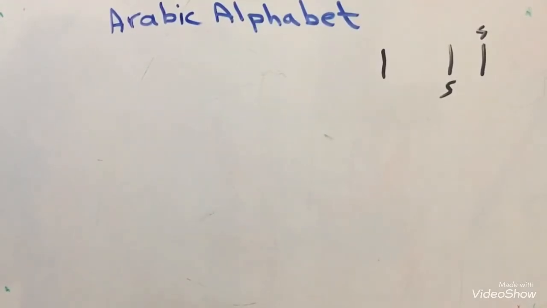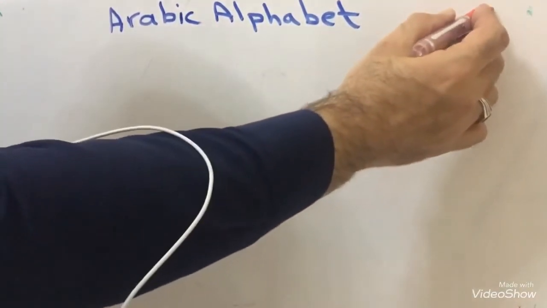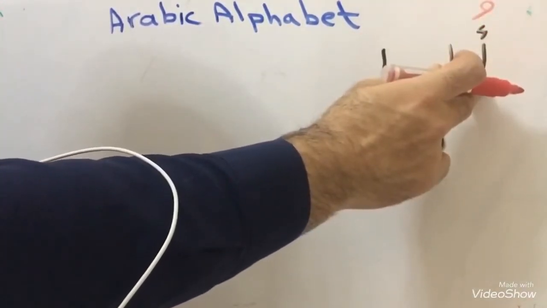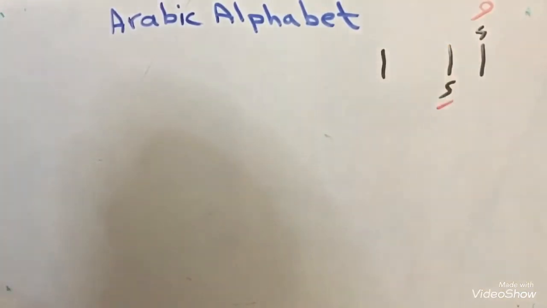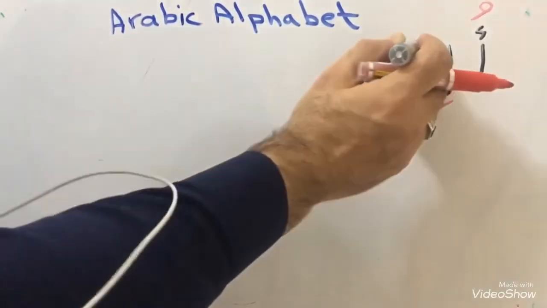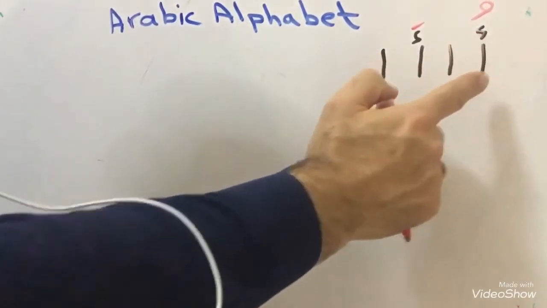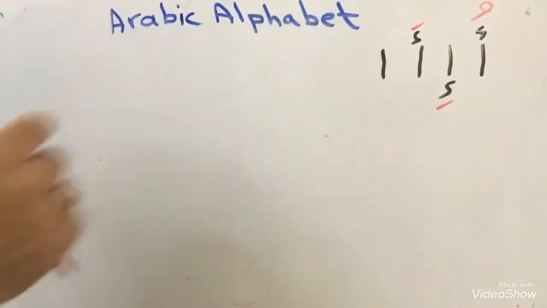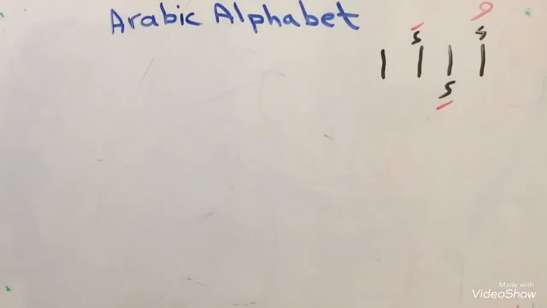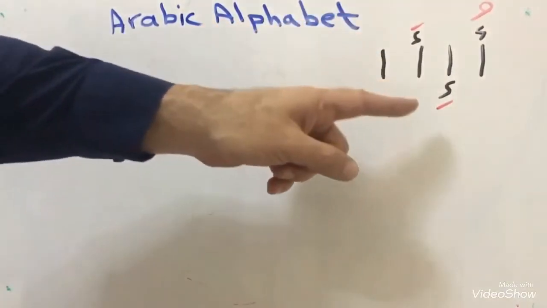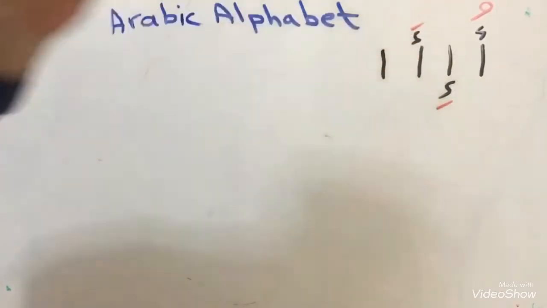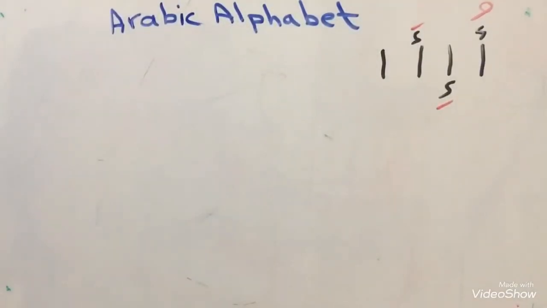Like other letters, it is affected by something called Dhamma, so we pronounce it U, or Kasra, we call it E, or sometimes Fatha, we say A. So U, E, A. These are the main three: Dhamma, Kasra, and Fatha. Sometimes Alif has nothing.